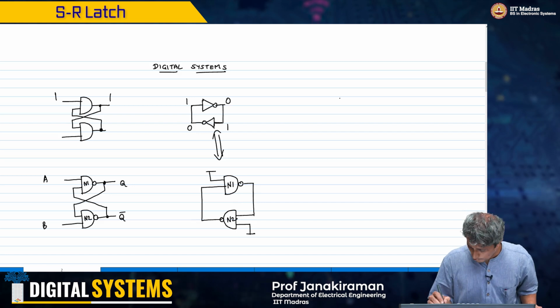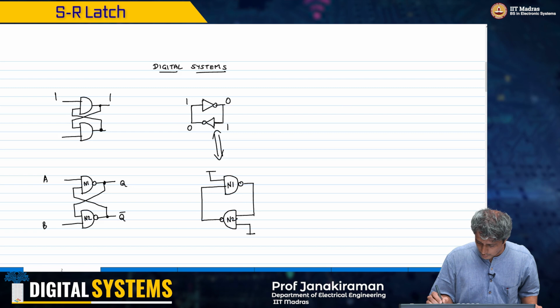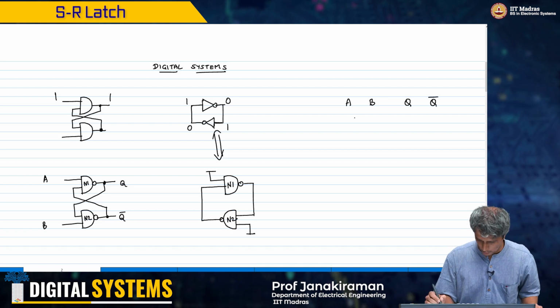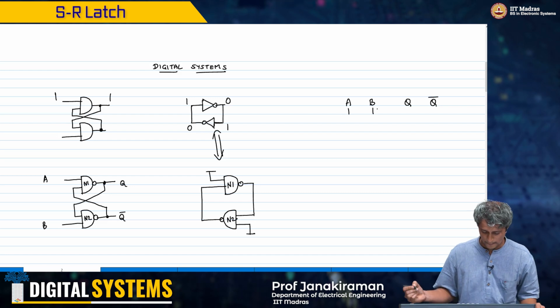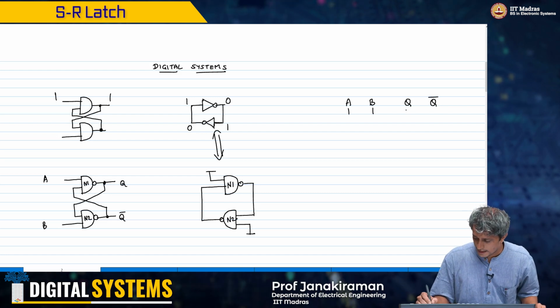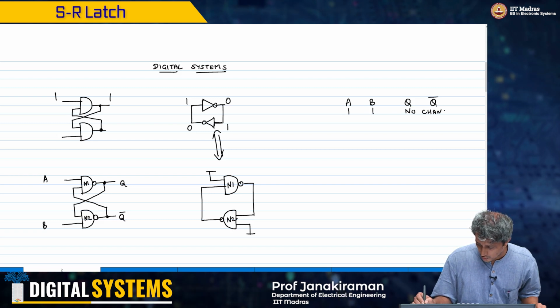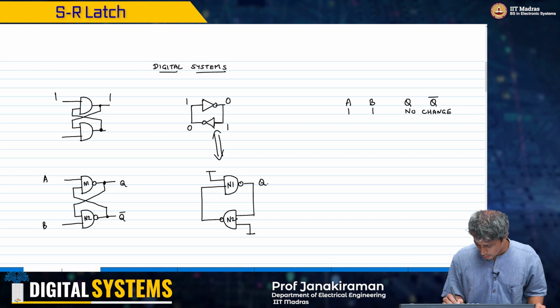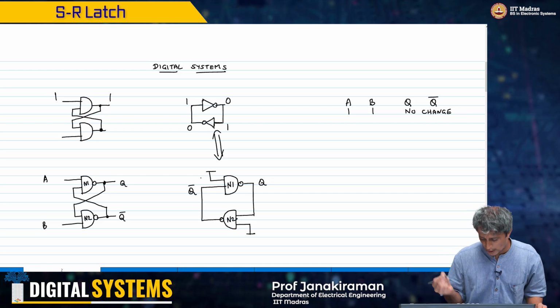So if I want to describe this gate, I have two outputs now, Q and Q bar. If I assume that A equal to B equal to 1, then it is going to keep this in a no change state.